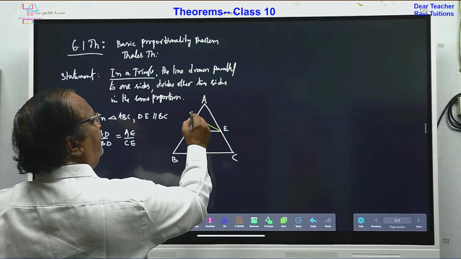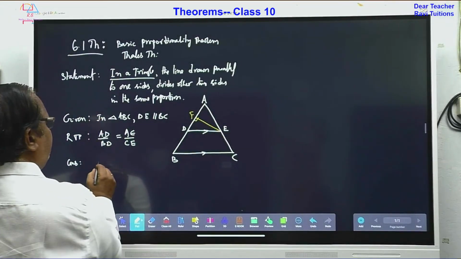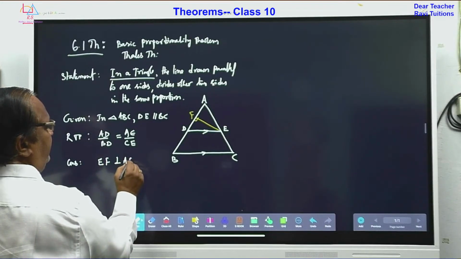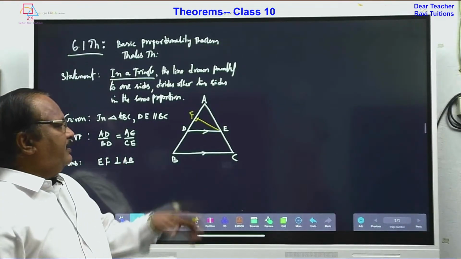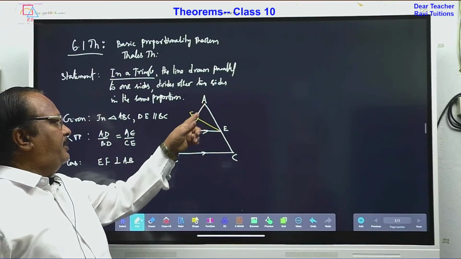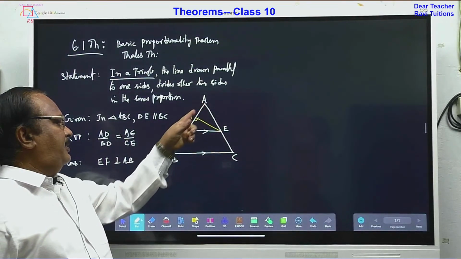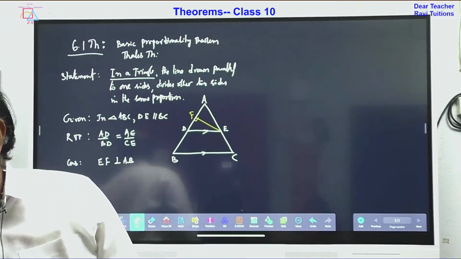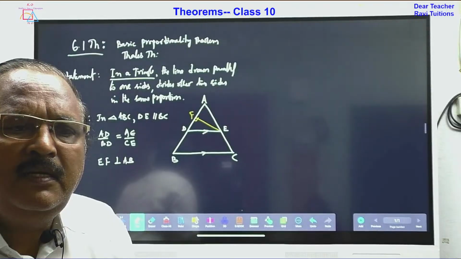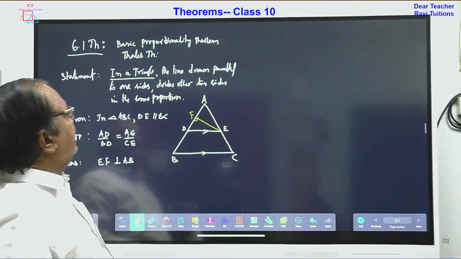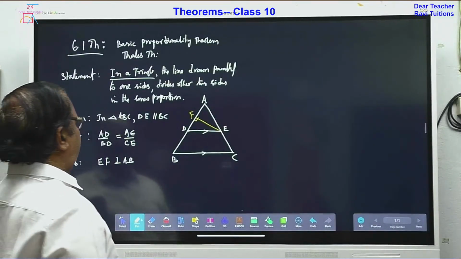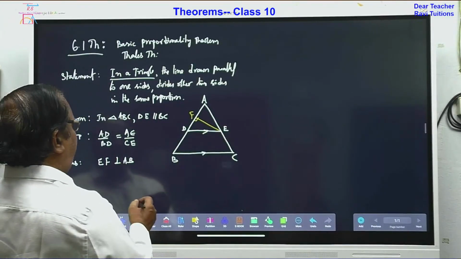Let us name it EF. That means EF is perpendicular to AB. EF is not only perpendicular to AD, it is perpendicular to AB, the whole side. This is the basic proportionality BPT theorem. Now, the second RTP I will do later.